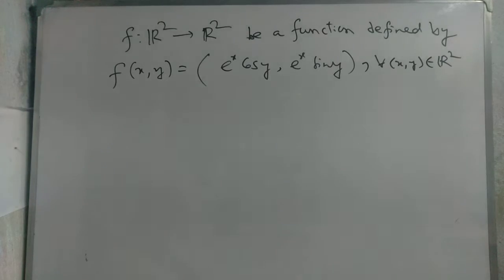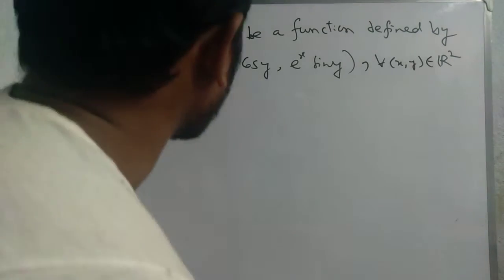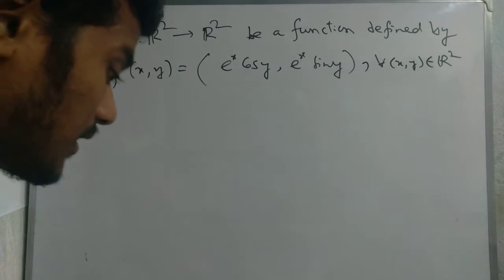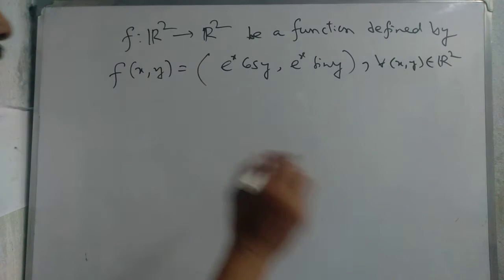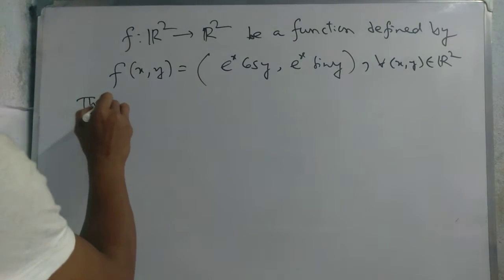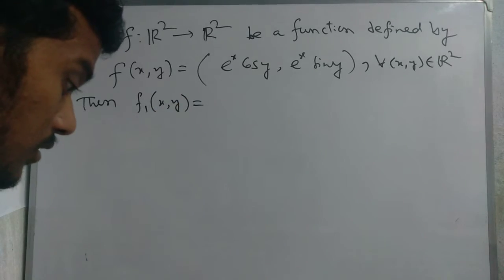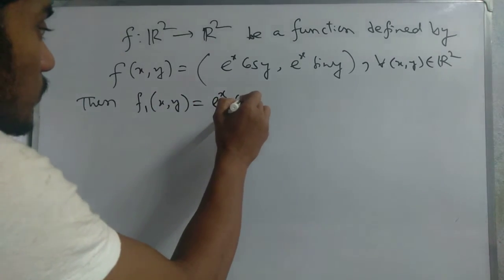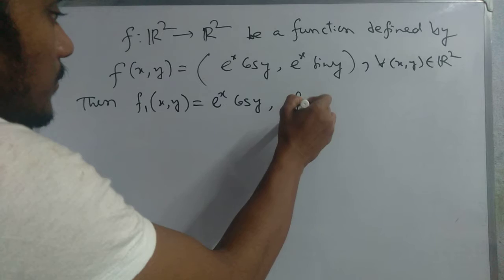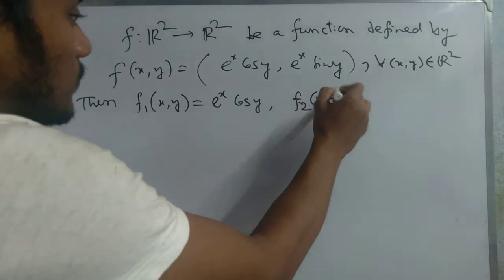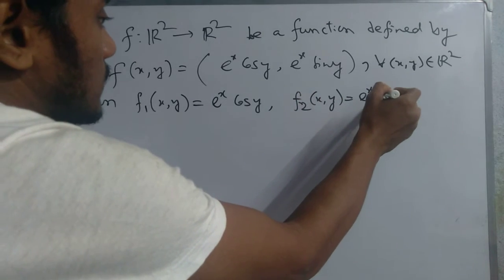We write: let f from R square to R square be a function defined by f(x,y) equal to (e to the power x cos y, e to the power x sin y) for all (x,y) belonging to R square. Then f1(x,y) equals e to the power x cos y and f2(x,y) equals e to the power x sin y.